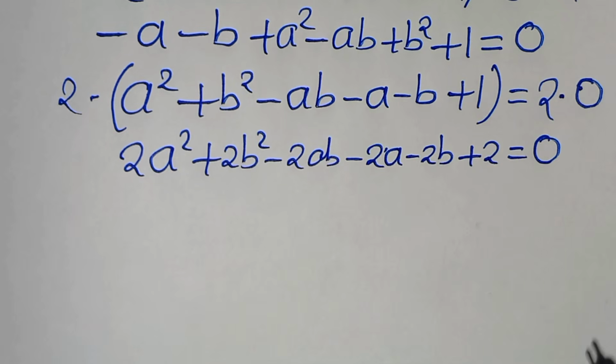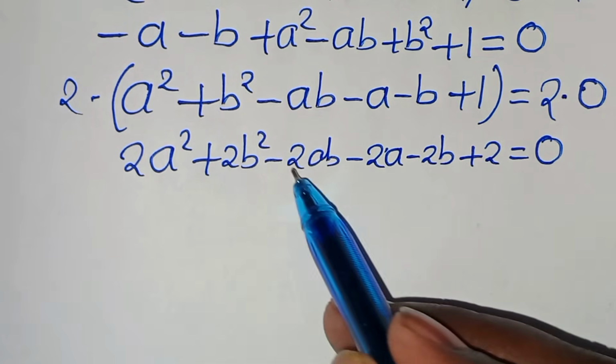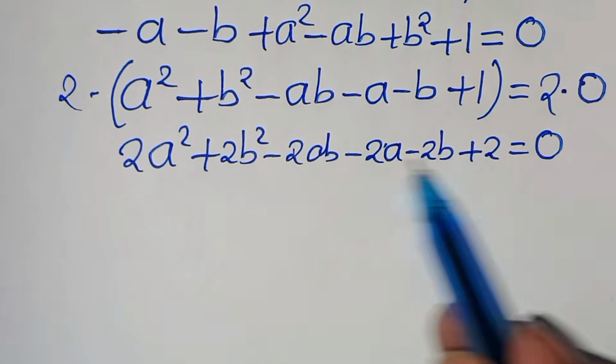Now, the next step from here, we have 2a squared plus 2b squared minus 2ab minus 2a minus 2b plus 2. Now let's factor out a.